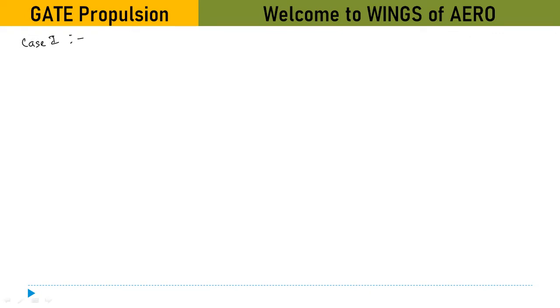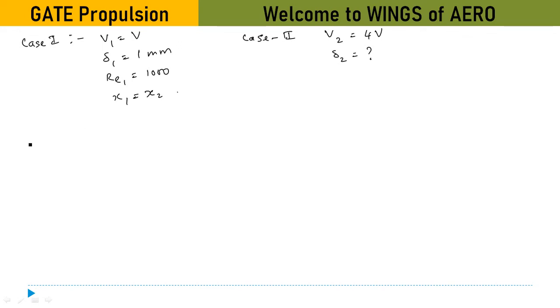Now what is the Reynolds number? It is vx by nu. So for Re1, v1 x is the same, this is also the same, right? So we get vx by nu is 1000. Then for Re2, what will be the Reynolds number?